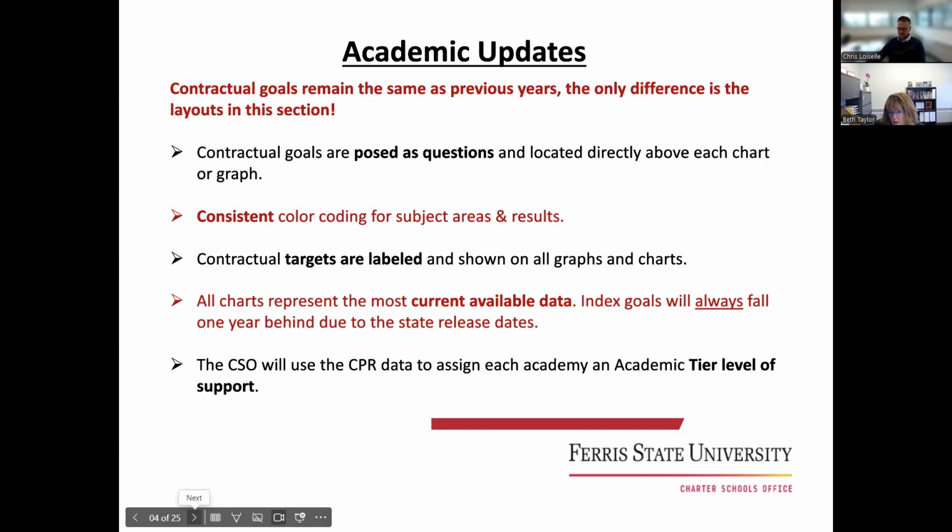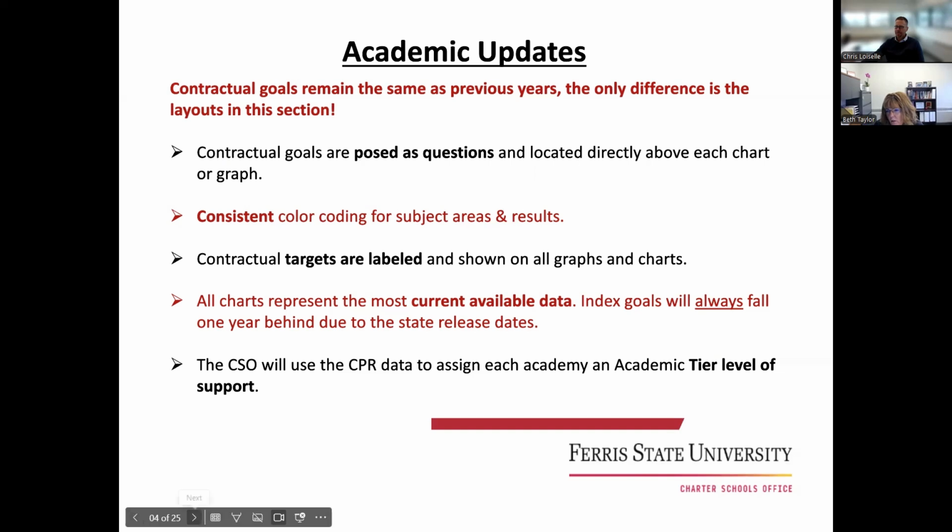You'll also notice that throughout not only the academic section, but all of our areas, we have come up with a consistent color coding for subject areas and results. Along with that, all of our graphs and charts will have labeled targets. And our charts represent the most current available data.